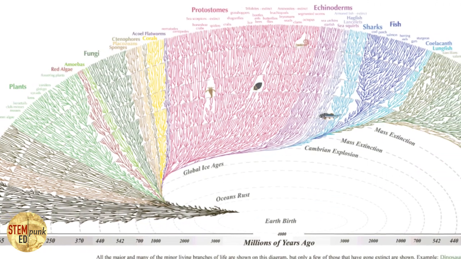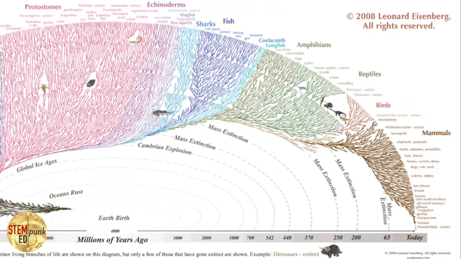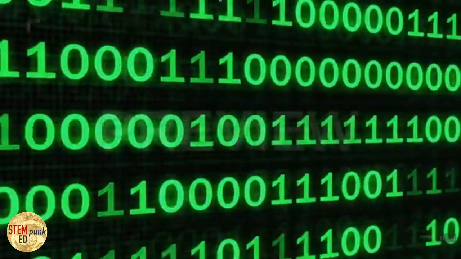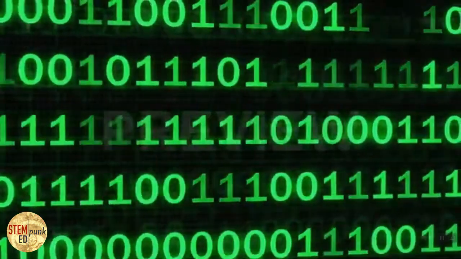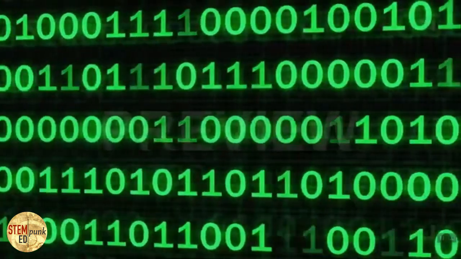Given that everything you and all life on Earth are made of is based on quaternary code, 4 different possibilities, then it isn't so far-fetched to think of the video you are experiencing now as being made of binary code, 2 different possibilities, 1 and 0.